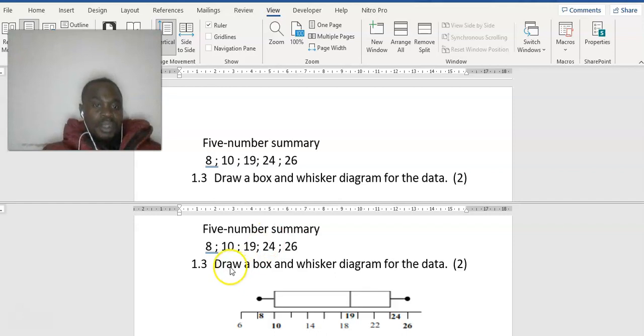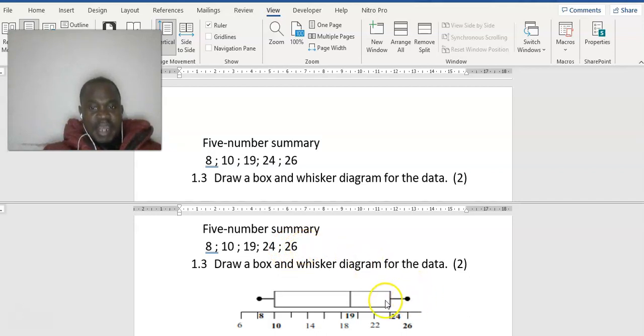Alright, so here our minimum number is 8, our Q1 is 10, our Q2 is 19, our Q3 is 24. Then our maximum is 26.